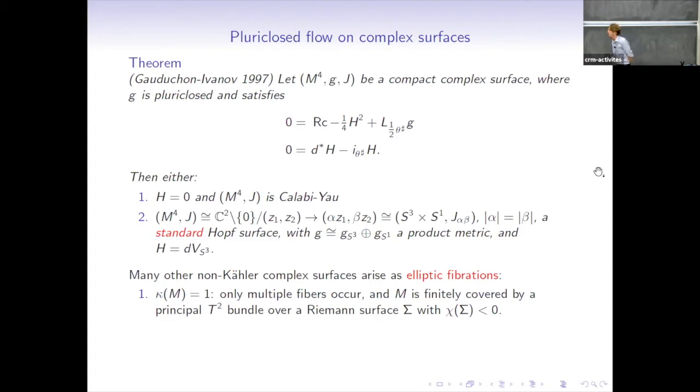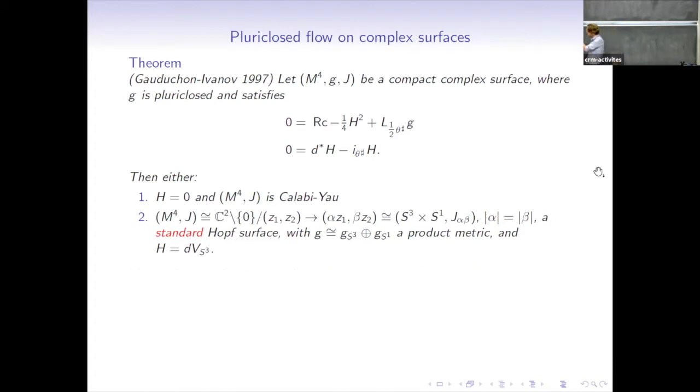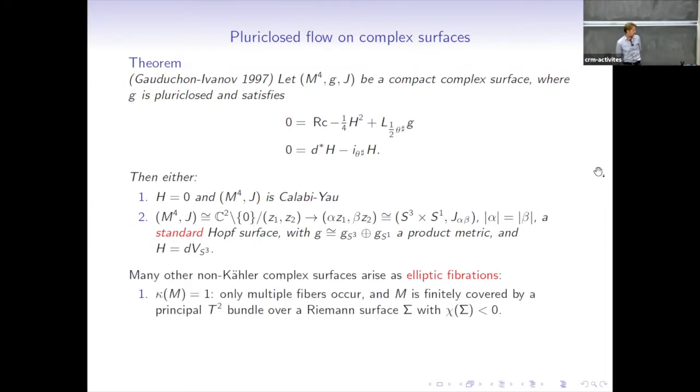And so, okay, we have this nice fixed point, the standard Hopf surface, and we might expect the flow to perhaps converge to that. What else is going on in the world of complex surfaces? Well, I'll just mention a few other facts. We know that a lot of other non-Kähler complex surfaces tend to arise as elliptic fibrations.